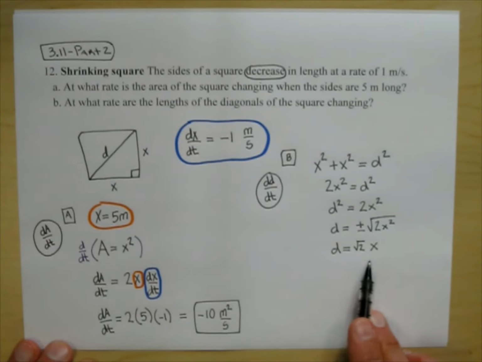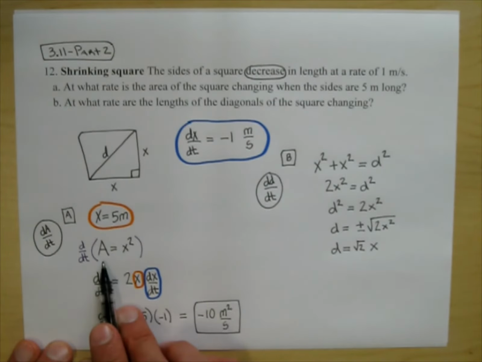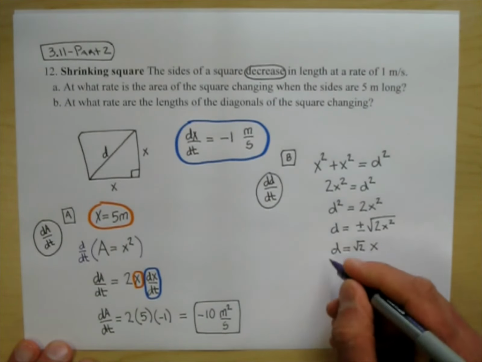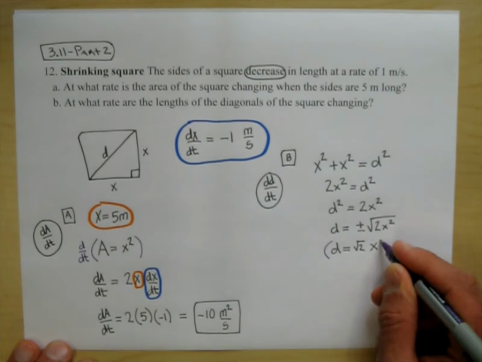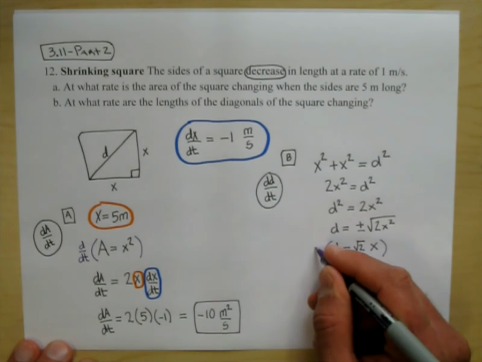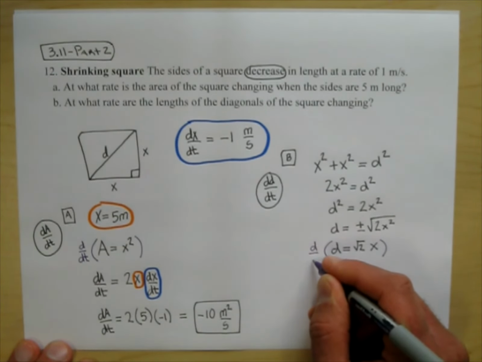Okay, so that formula was a little bit tougher to get to than the area. Okay, that we just kind of wrote it down. We were ready to zap both sides with the derivative gun. Now I'm ready to zap both sides with the derivative gun. The derivative with respect to t.